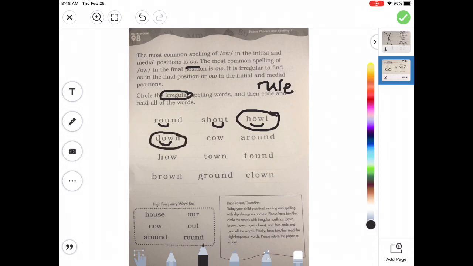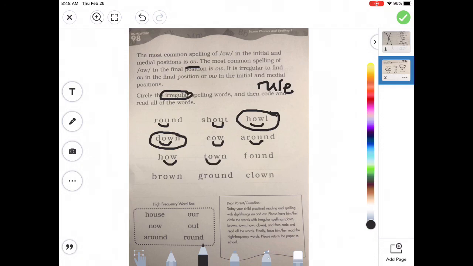Okay? The next one, ow, has that OW at the end, so it's following our rule of OW at the end. The next one, I have around. The OU is in the middle, so it's following the rule. The next one, how. OW is at the end, so it's following our rule. Look at this one, though. Own.